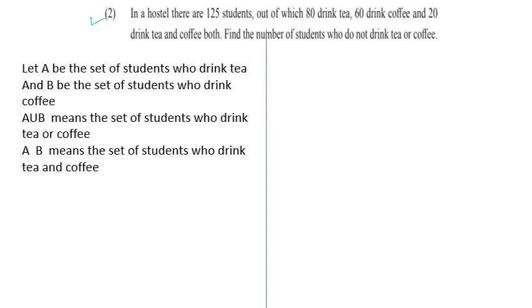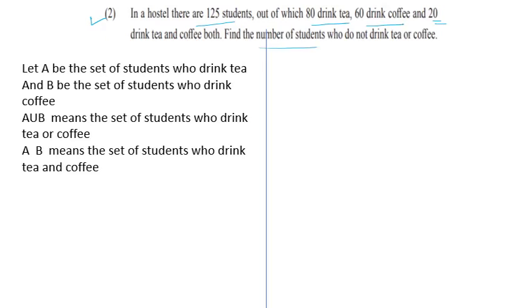Now see the second example, a word problem, which is also based on the same formula. We can solve this example by Venn diagram also. Now read the example. In a hostel, there are 125 students, out of which 80 drink tea, 60 drink coffee, and 20 drink tea and coffee both.